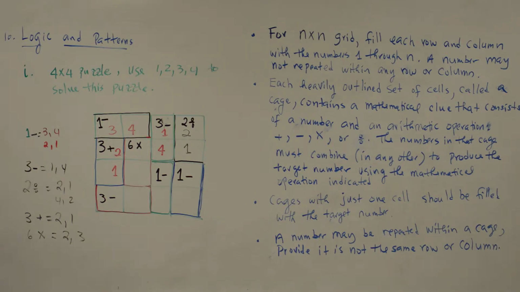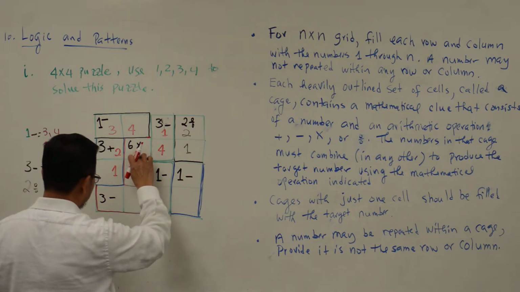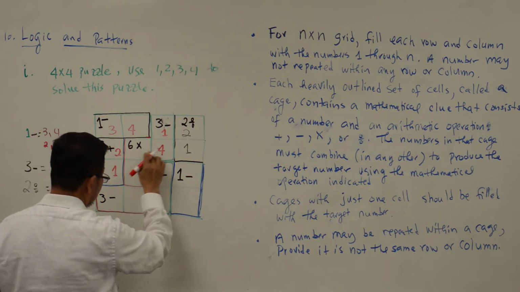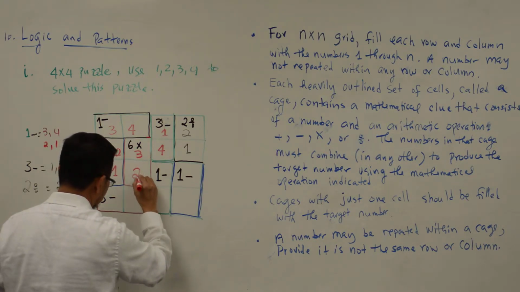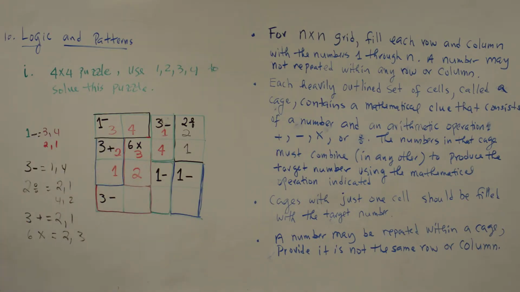We cannot use 2 here, it should be 3 now. Because this has 2 here, so 3 here, and this must be 2. Okay, that's how you solve the puzzle.